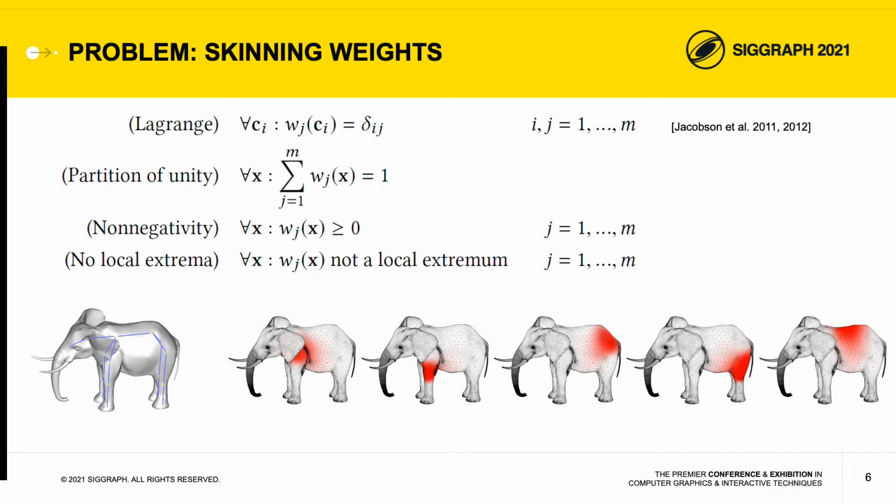That's the partition of unity. Non-negativity and no-local-extrema properties are also necessary to avoid counterintuitive behaviors. We will have some examples later. Again, these have been established in previous work. For now, we just need to know that we have such a list of properties for our weights to satisfy.